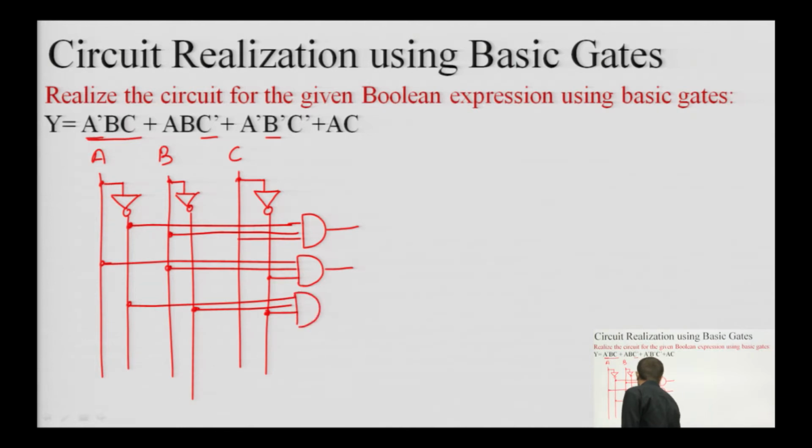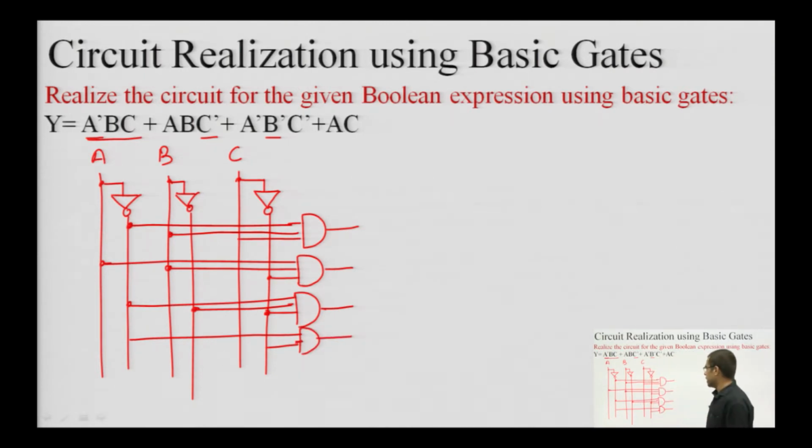Again, they have to be multiplied with the help of an AND gate. Similarly, the last product is A and C, again an AND gate. So, all 4 products are ready. Now, all these 4 products are to be added together with the help of an OR gate.